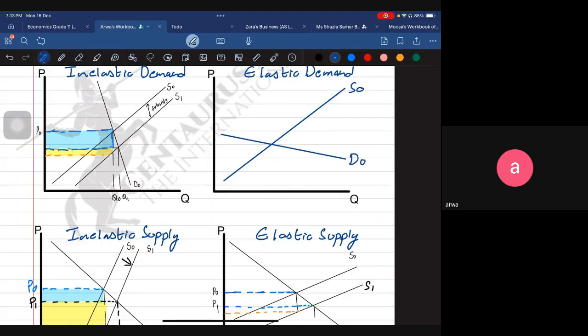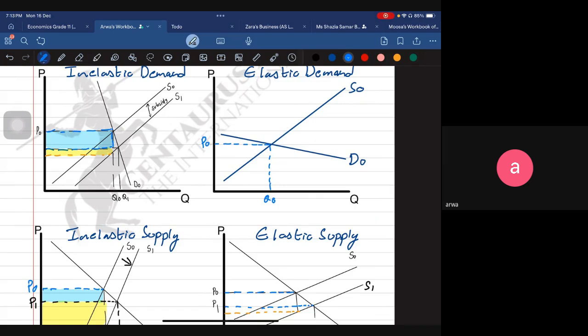Now I'm going to make the changes, and first I'll make the original diagram with the original equilibrium price and the equilibrium quantity. I'll make it P naught and Q naught, so that it is easier because we have been doing that. This is the original diagram right now.